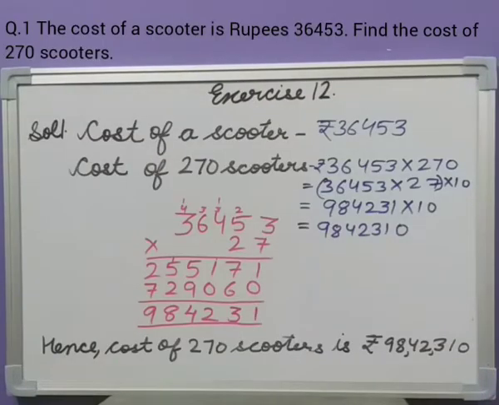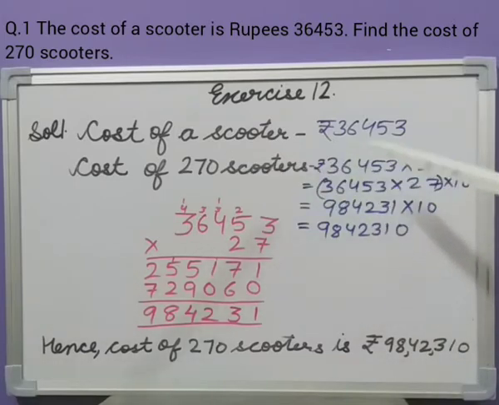Exercise 12, question number 1. The cost of a scooter is rupees 36,453. Find the cost of 270 scooters. Now, cost of one scooter is given and we have to find out cost of 270 scooters.